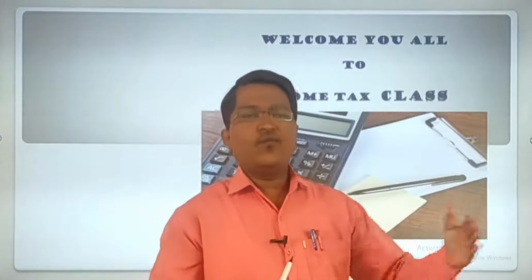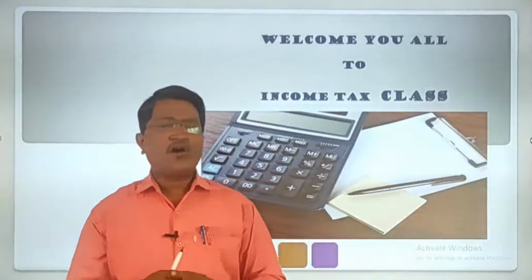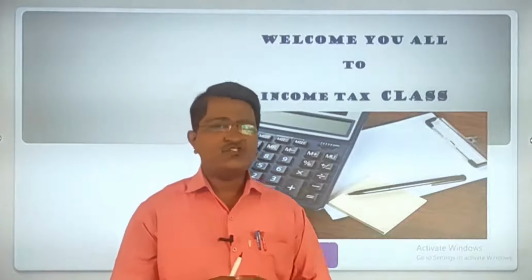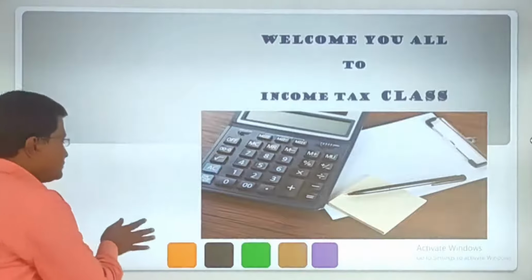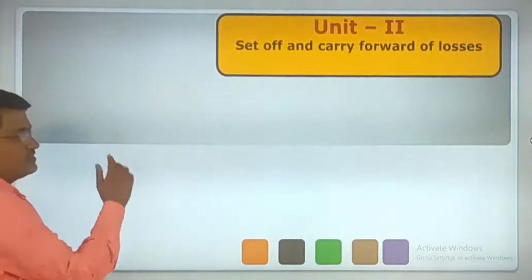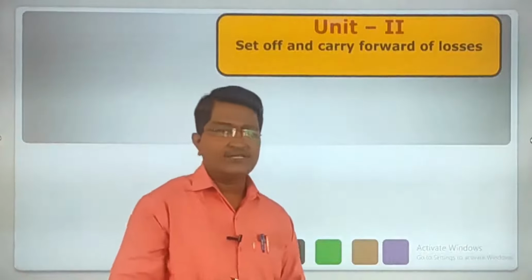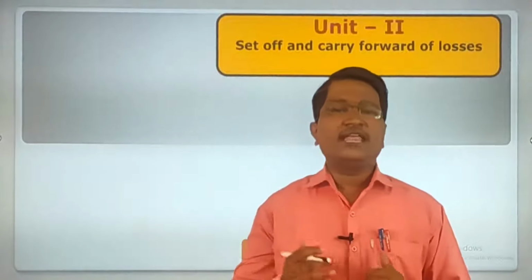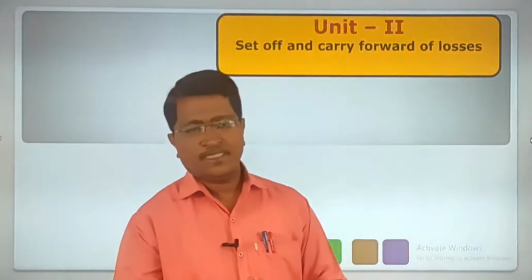So now we move to the next unit of your syllabus, that is unit number 2, set off and carry forward of loss. So what's your second unit? Unit number 2, set off and carry forward of loss.